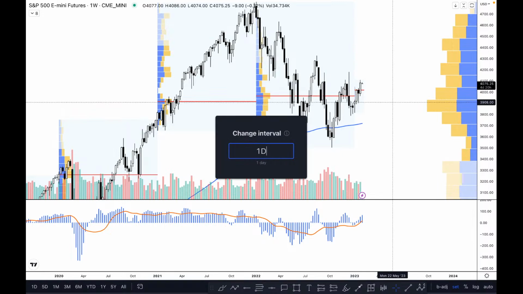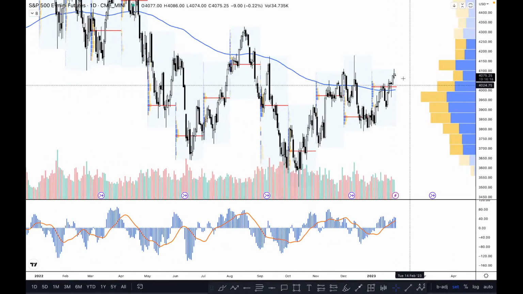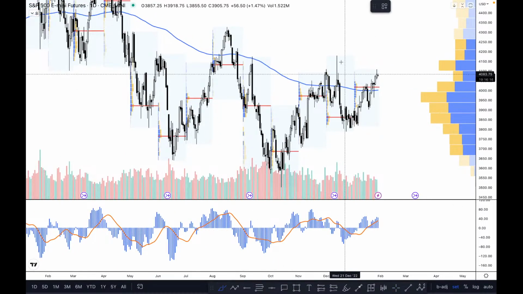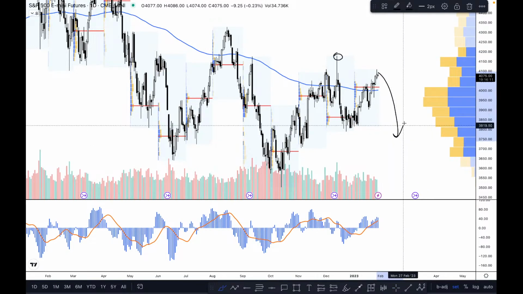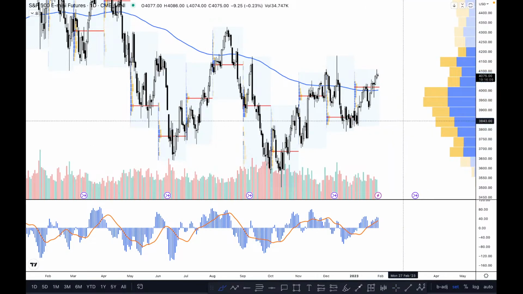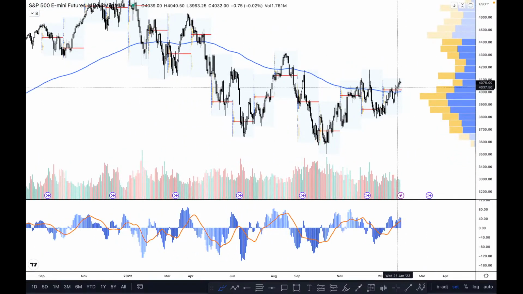Now, I still think it's possible that this could hold at this swing high, and that this thing is going to roll down again. I still think it's possible, but the possibilities are starting to look a little less likely.